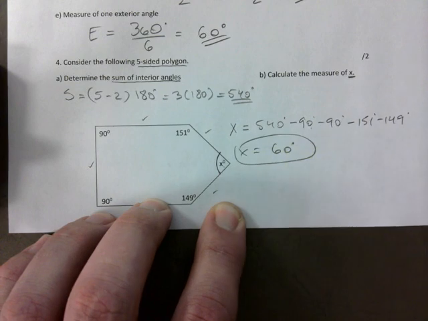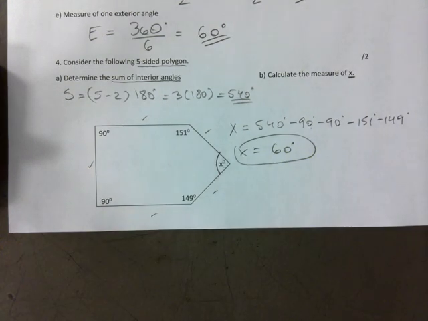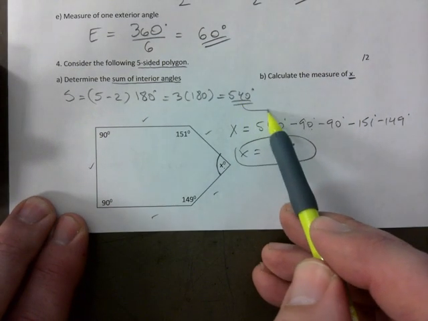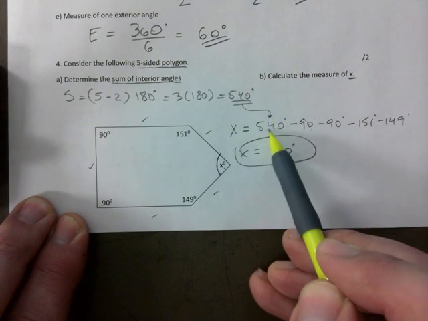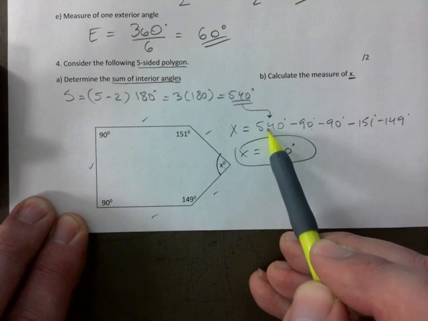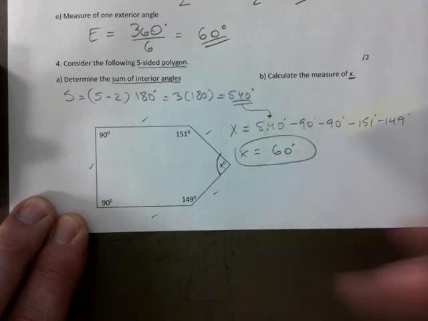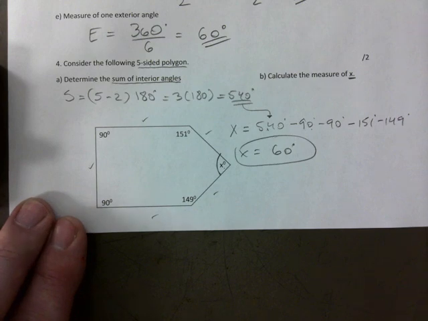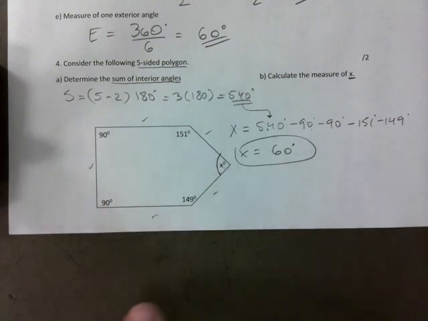I was thinking a different example here. 60 degrees. If this had been a 6-sided polygon, then you would start with 720 and subtract the ones you know, right? So just use this skill to figure out the missing angle, okay?